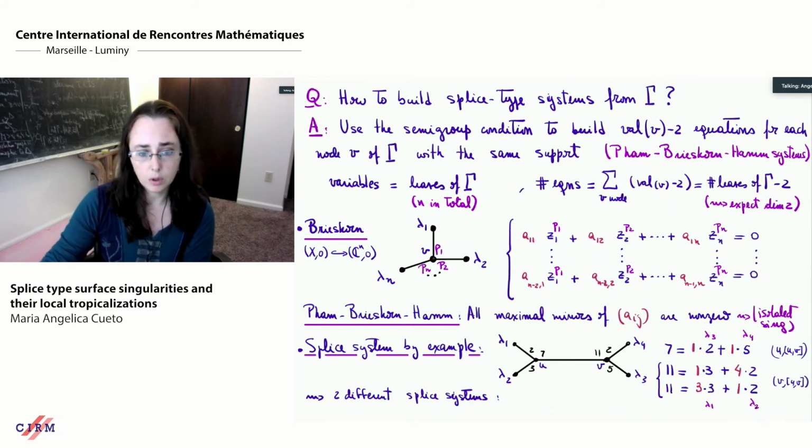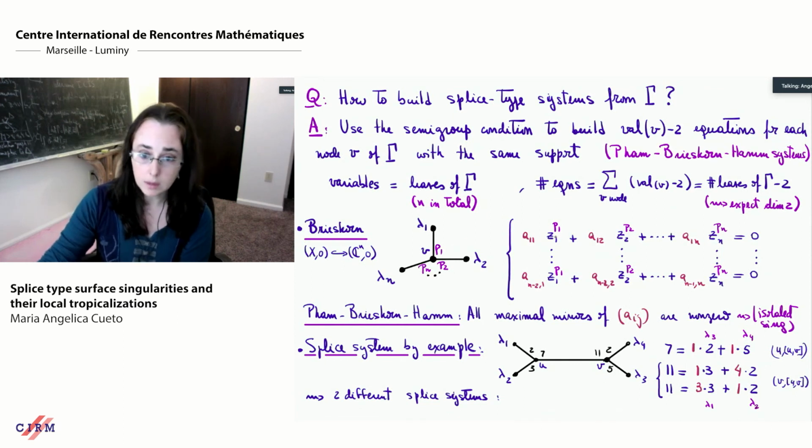So what you're going to do is look at the leaves of your graph, and these are going to be associated to variables of your system. So I'm going to have Z1, Z2, all the way up to Zn in this case. And if I want to get a complete intersection that describes a surface, I really need to have n-2 equations.